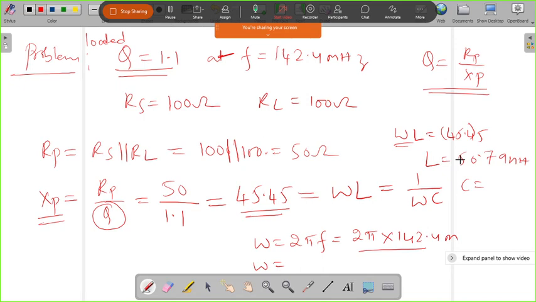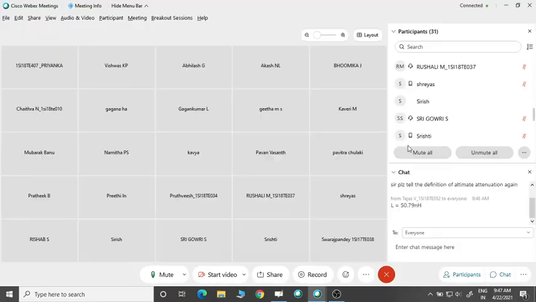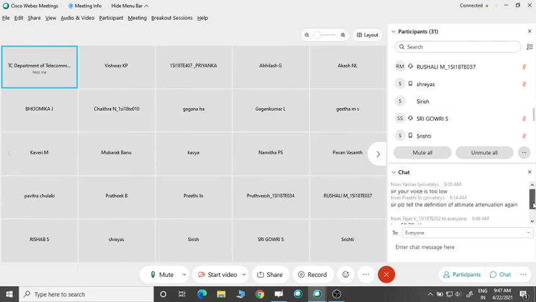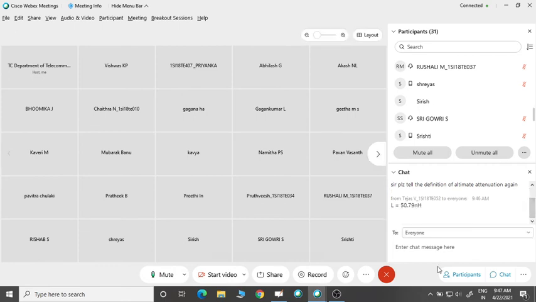What is the value of capacitor? What is the C value?